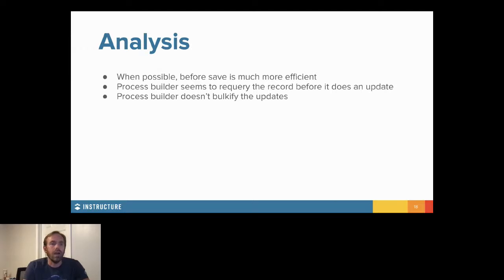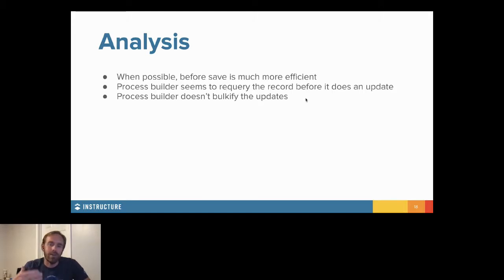So like I said, when possible, before save is much more efficient because you don't incur that CPU overhead. With the insert, you have to fire everything all over again, and it's a mess. Like I said, Process Builder seems to requery the record before it does an update, and it doesn't bulkify the updates.